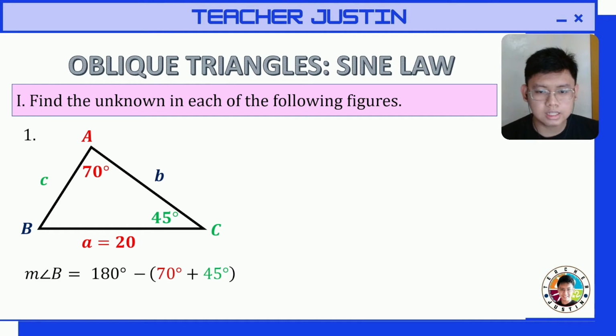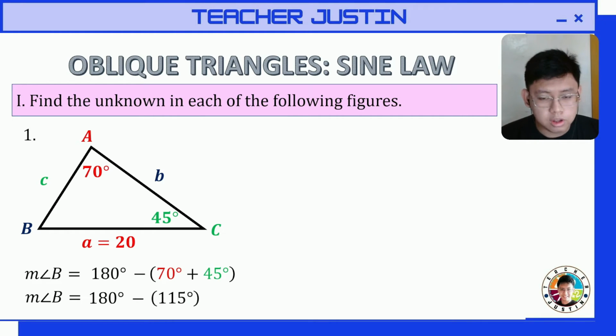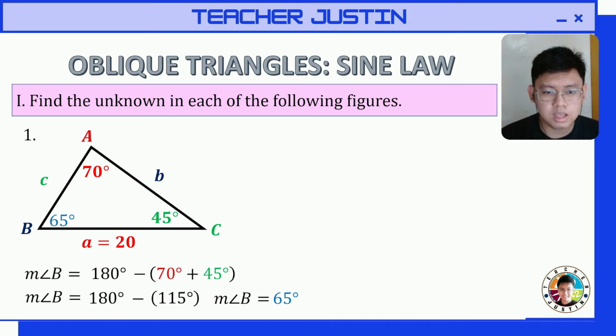So, add muna natin si 70 plus 45. That will give us 115, and then let's subtract 115 from 180. So that will give us the measure of angle B, which is equal to 65 degrees. So that will be our measurement for the angle.